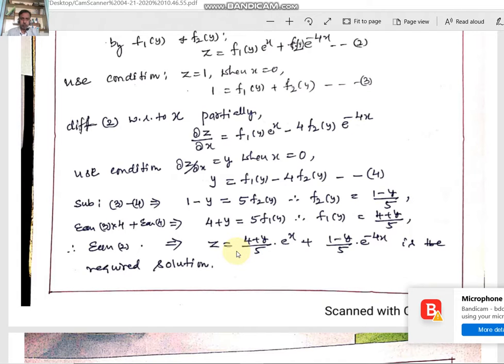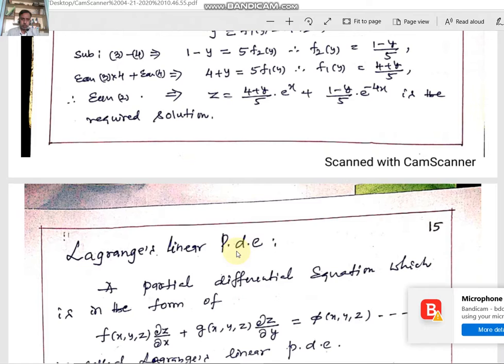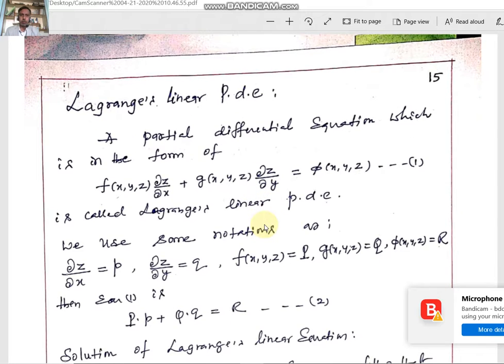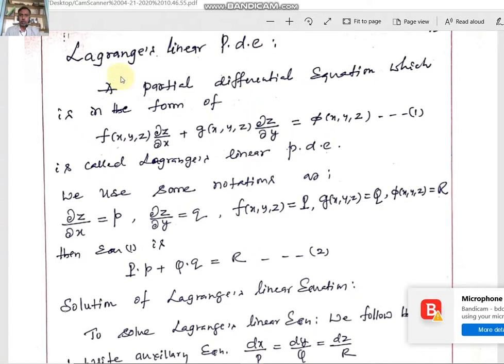So in this discussion we have understood how to solve a homogeneous partial differential equation by converting it into ordinary differential equations. Next we have another kind of partial differential equation called Lagrange's linear partial differential equation.